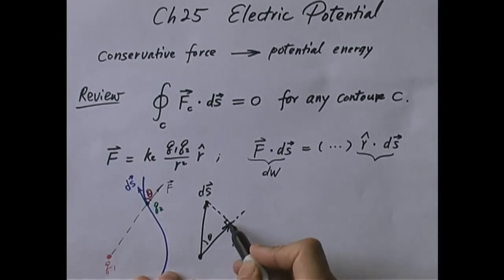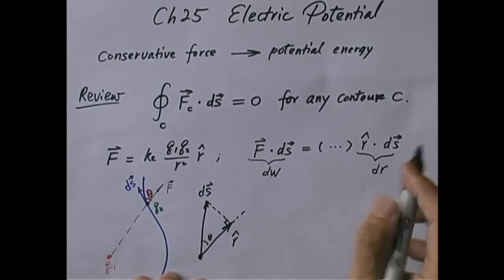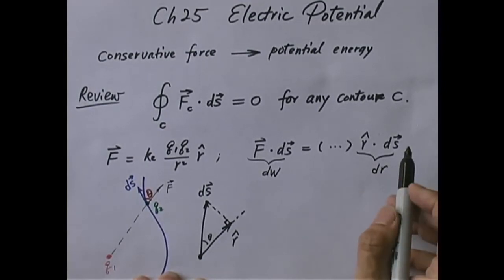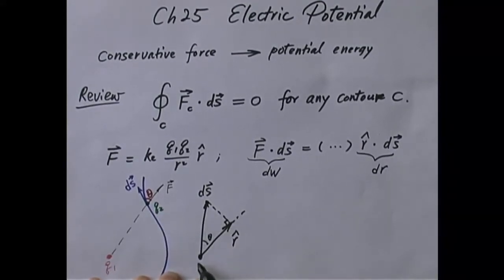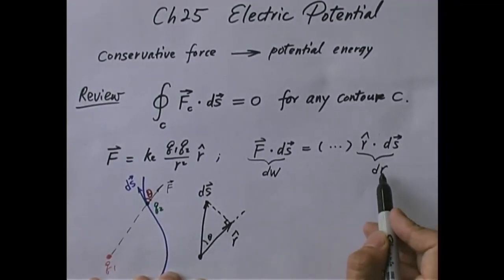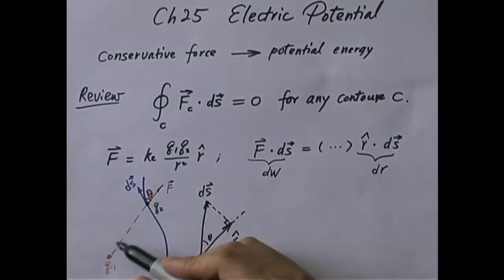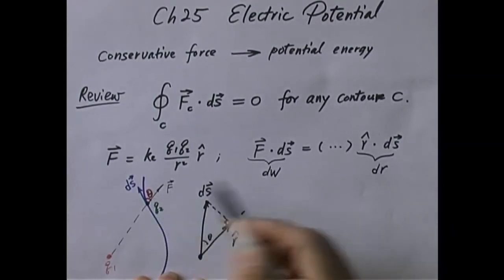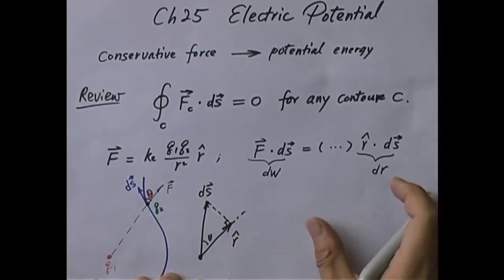Let's call this radial displacement dr. That is not the same as ds, because ds goes that way, dr goes that way. So this dr is a scalar. It just tells you the change in the distance between q1 and q2. It went from r to r plus dr. This dr could be positive or negative, if it goes closer to q1.